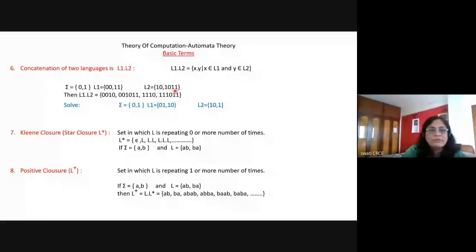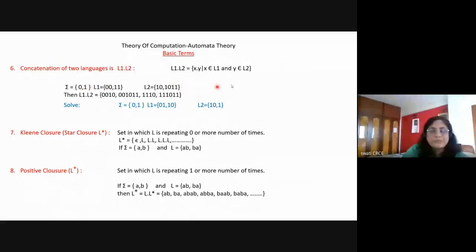Then L1 dot L2 will be equal to: you have to take X from here and Y from here. Concatenate them, which means combine them together. So 00 is combined with 10 and you get the first element as 0010. Then 00 is combined with the second element, 1011. If there is any third element, 00 is combined with the third element, then with the fourth element.